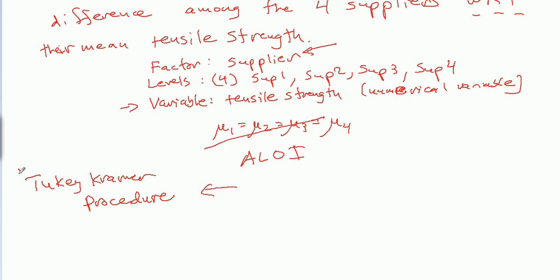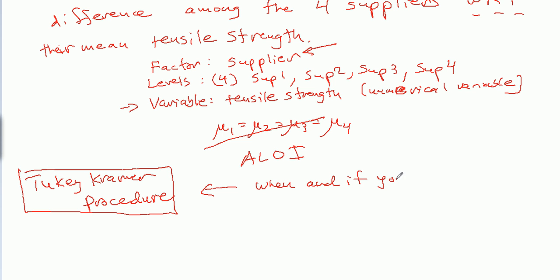This technique, as a follow-up, if you reject H0 in a one-way ANOVA, will then tell you where those differences are, whether mu1 is different than mu2, whether mu1 is different than mu3, whether mu1 is different than mu4, whether mu2 is different than mu3, whether mu2 is different than mu4, whether mu3 is different than mu4. It'll go through all those pairs and tell you which pairs are different. Okay, so that will be the follow-up, but we don't need to do it because we failed to reject H0.